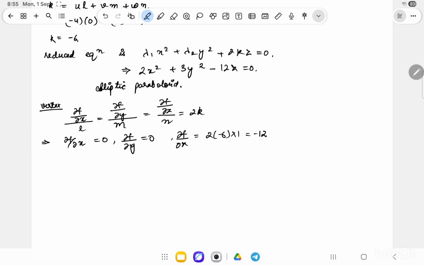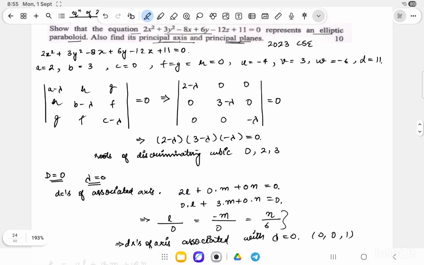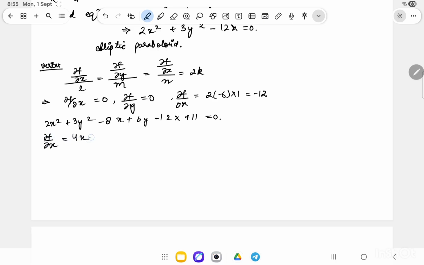Let's solve these three equations and find the vertex. From the given equation, 2x square plus 3y square minus 8x plus 6y minus 12z plus 11 equals 0, del f by del x is 4x minus 8 equals 0.